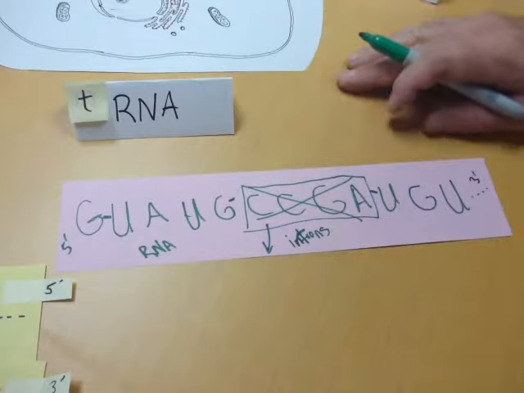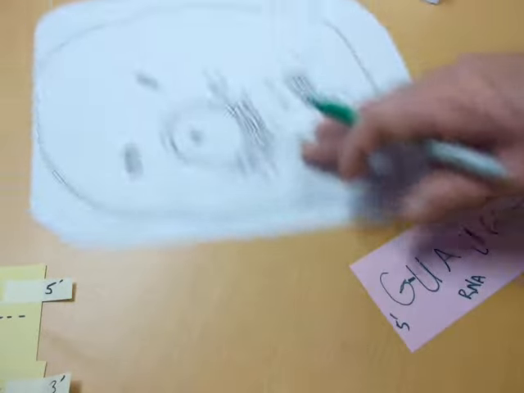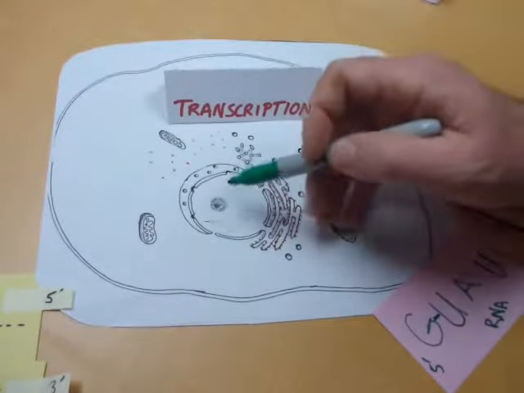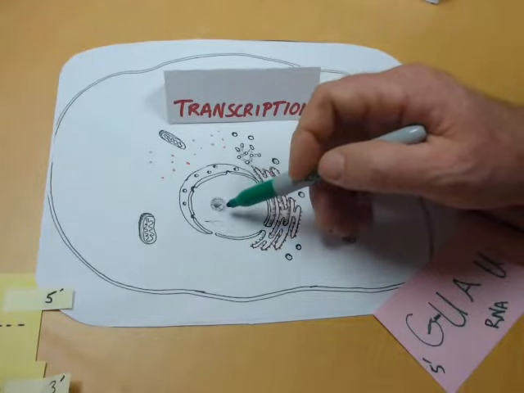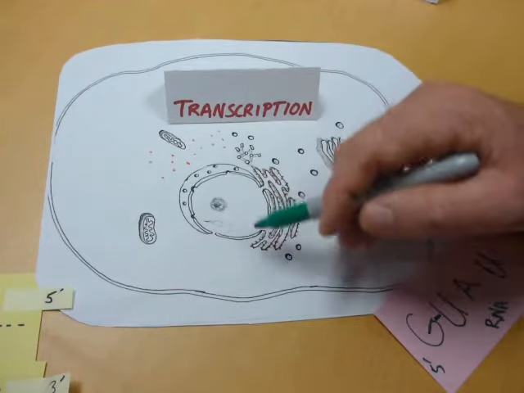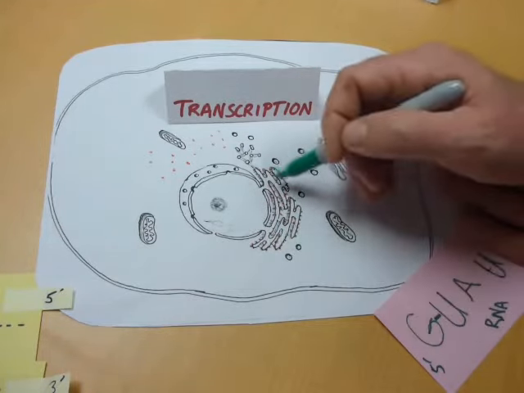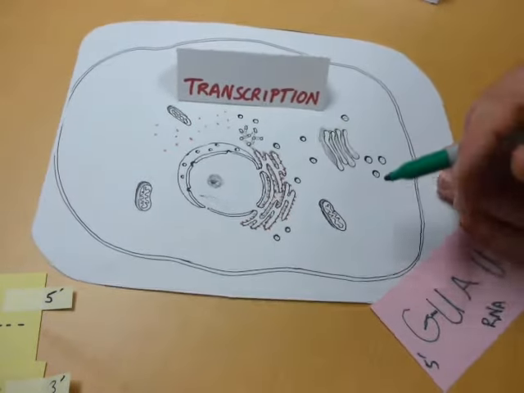It's been proofread and checked by the nucleus, and now we're all set. So this process, remember, of transcription happens in the nucleus, because that's where the DNA is. When it's done, that RNA is going to leave the nucleus through one of these pores and come out to either the rough ER or free ribosomes to do the next process, which is translation.